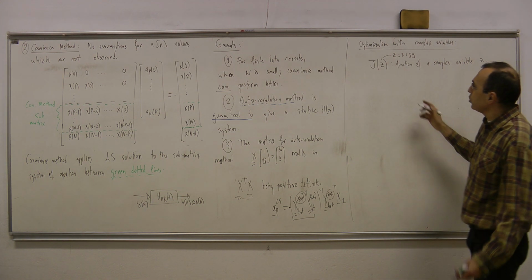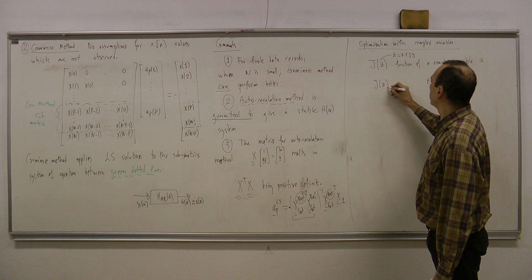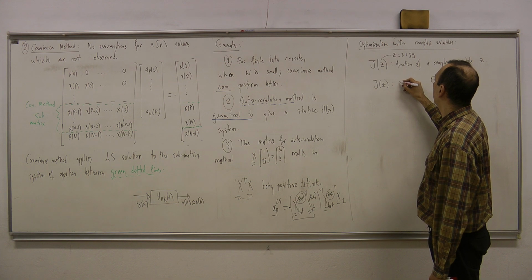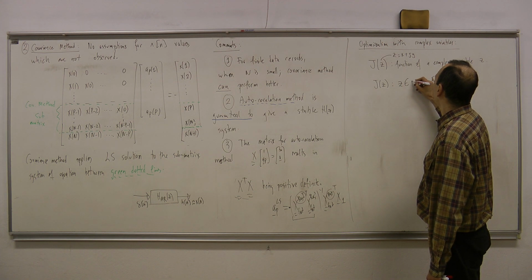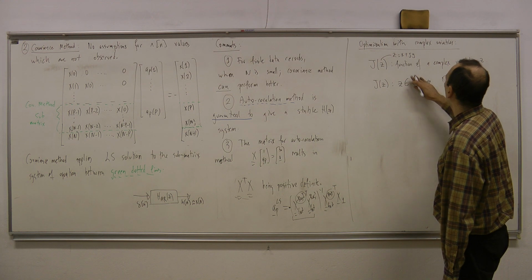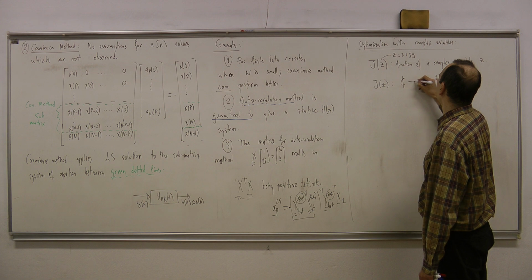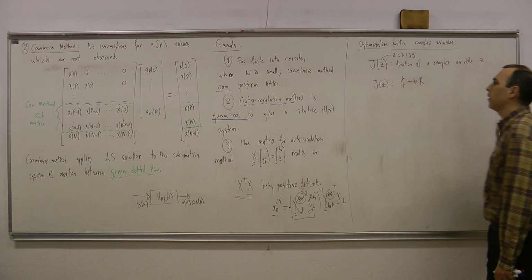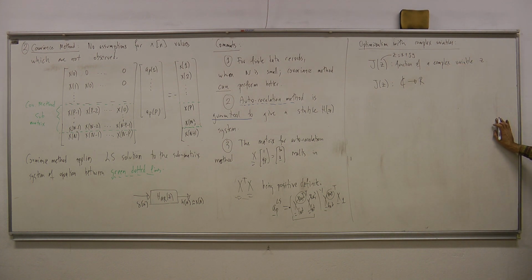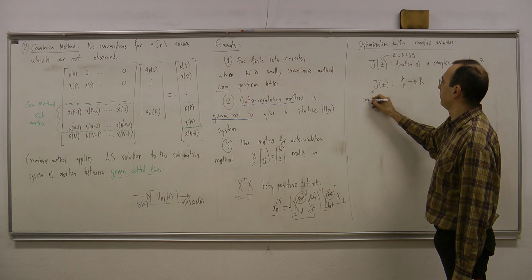Now, there can be issues. There is, for example, J of Z. It can be written as Z an element of complex numbers to, or this can be from complex numbers to real numbers. Okay? Well, that is the case actually that makes sense for a cost function.